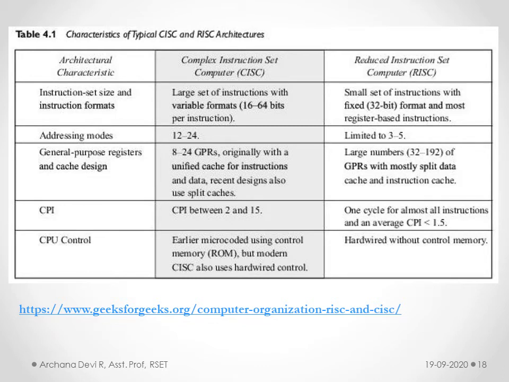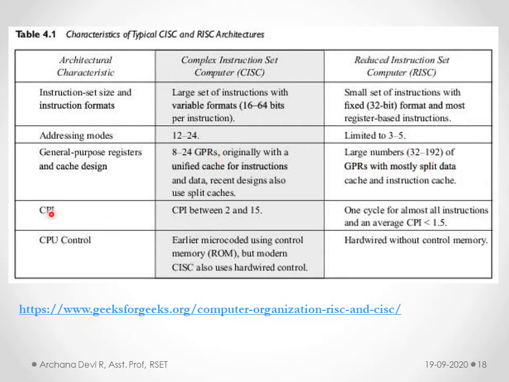In a nutshell, the main differences between RISC and CISC architecture are all tabulated. This talks about the instruction set size and the instruction format. Under CISC, you have a large number of instructions with variable formats, but in reduced instruction set you have a small set of instructions. The addressing modes are more in CISC architecture; in RISC they are reduced, limited. General purpose registers are fewer in CISC, whereas in RISC you have more.